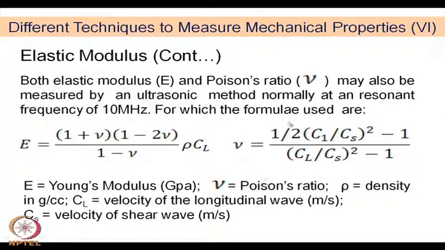From that you can find out the Poisson's ratio, and once the Poisson's ratio is measured, then you can also find out the Young's modulus, and rho being the density here, in gram per cc. So, this is another way you can find out the Young's modulus. In both cases actually you have to create a sound wave or an ultrasound wave.